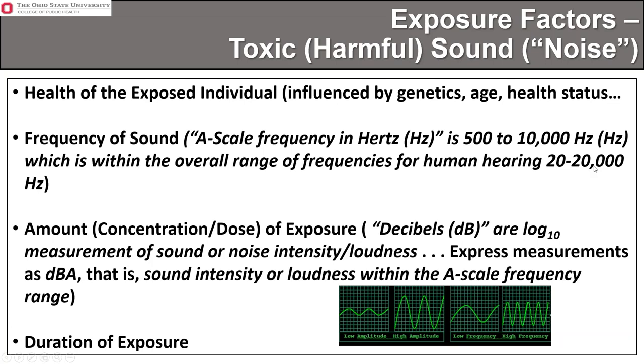So that would be a newborn baby, for example, with perfect hearing. Over time, with aging, our hearing acuity decreases, but in terms of vulnerability for noise-induced hearing loss, we talk in terms of measuring sound for human exposure assessment using the A scale frequencies.